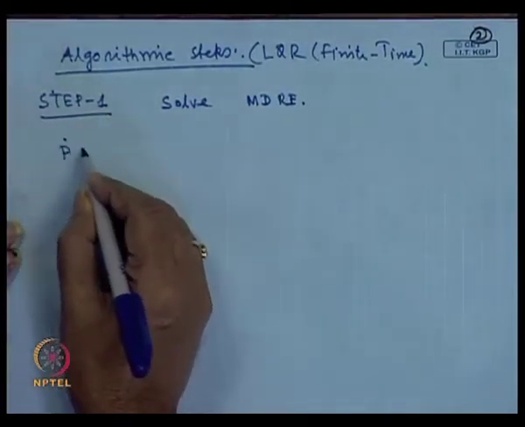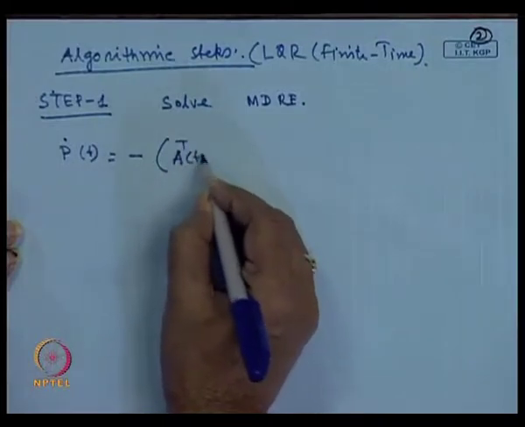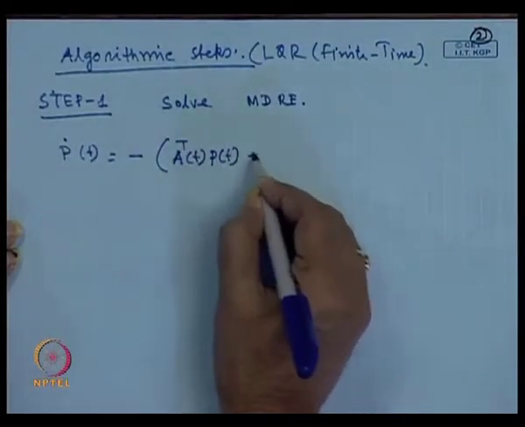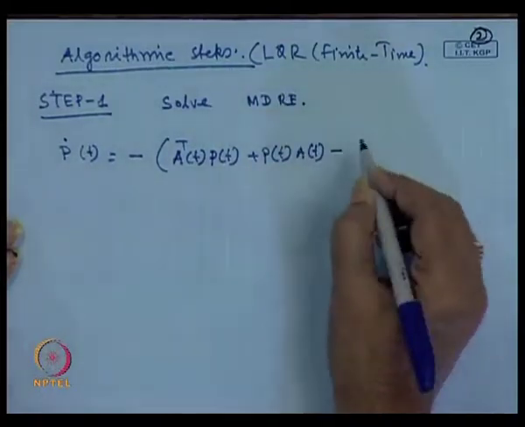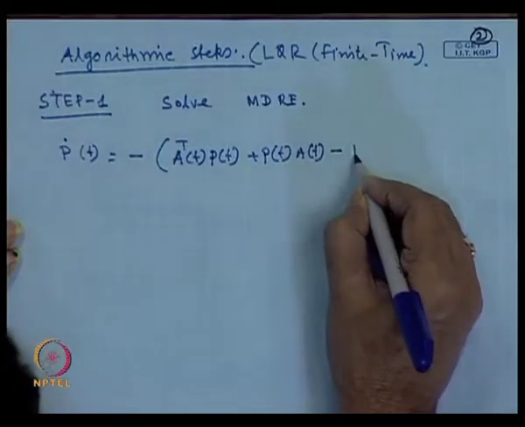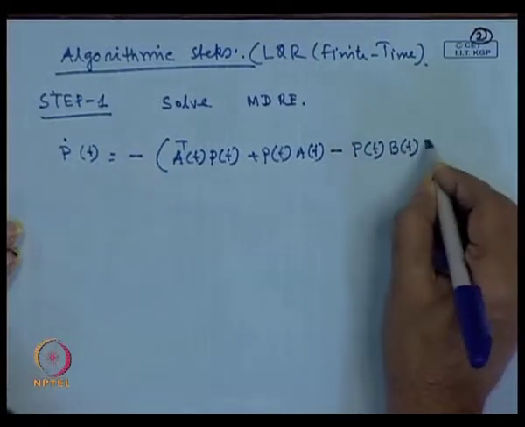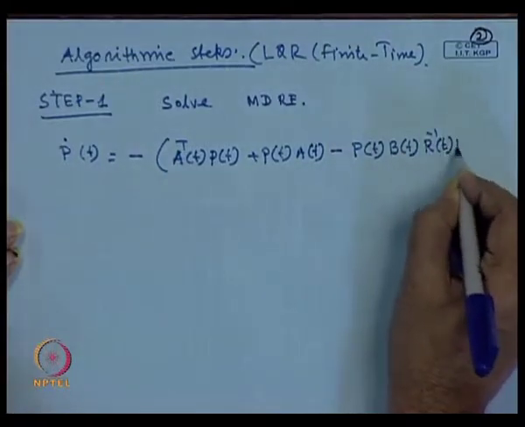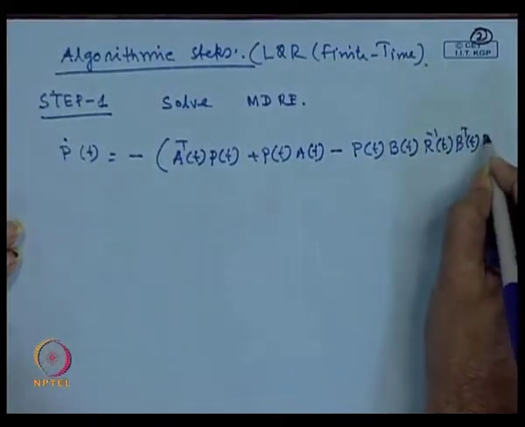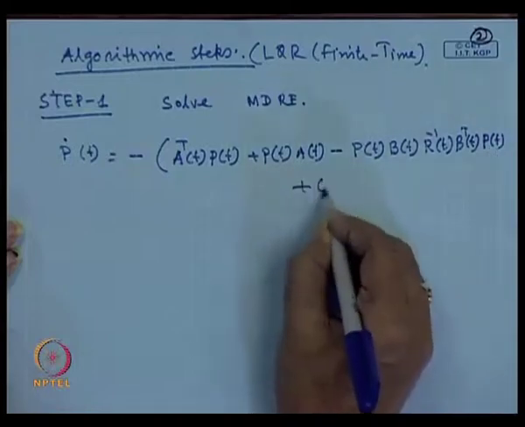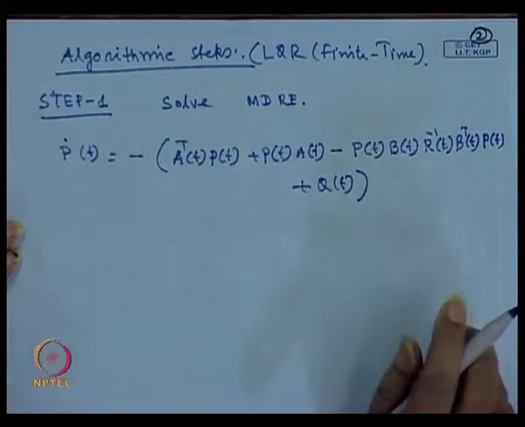If you recollect, P dot is equal to minus A transpose of t P of t plus P of t A of t minus P of t B of t R inverse B transpose of t P of t plus Q of t. This equation we have to solve.